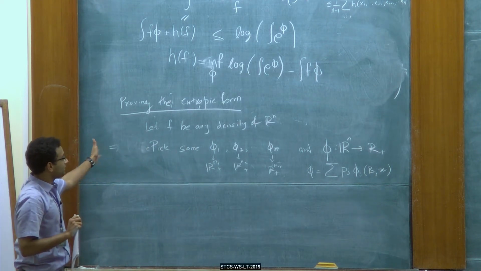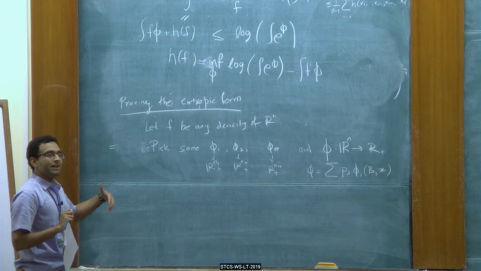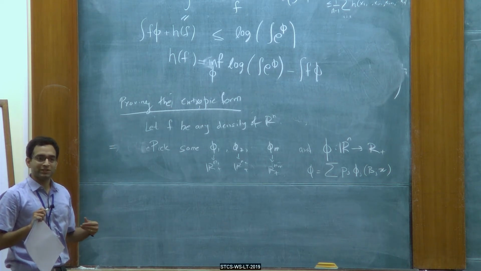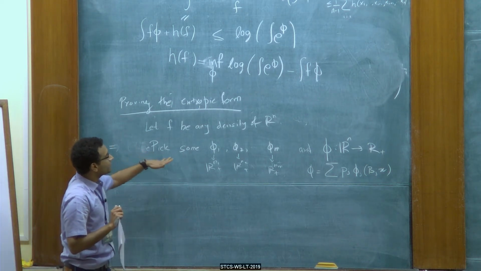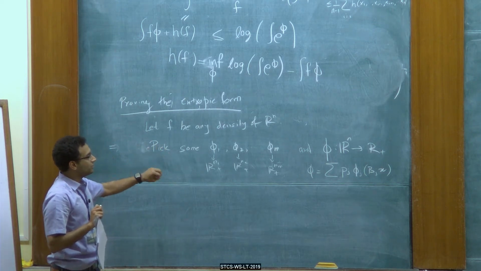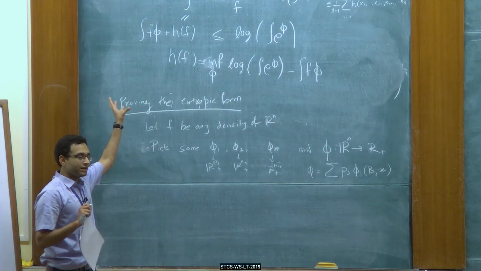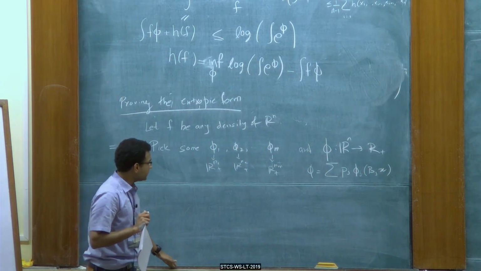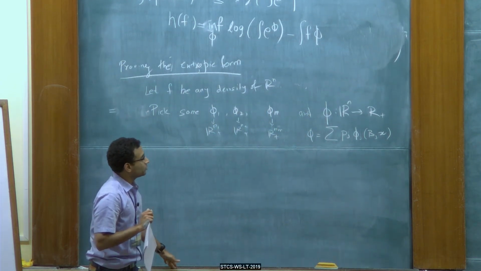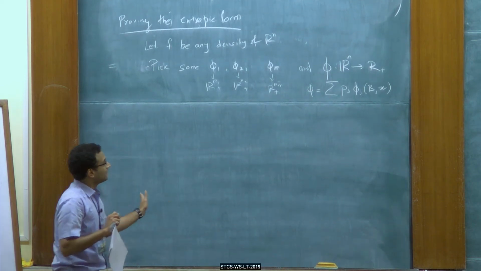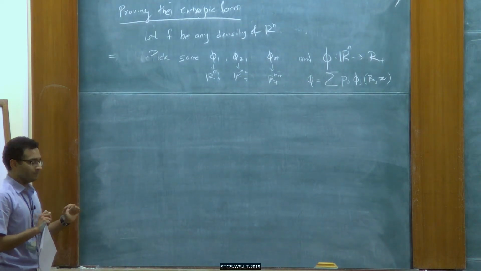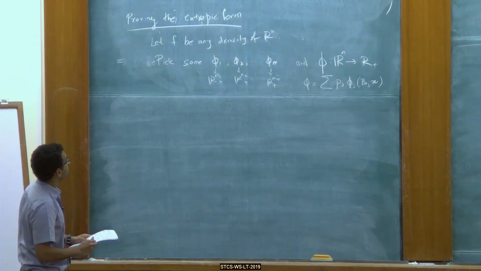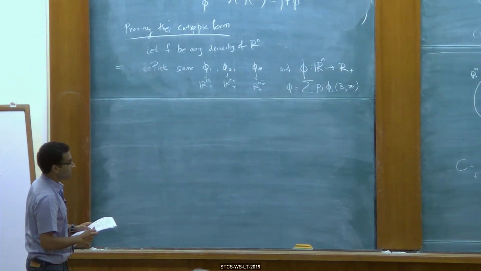We haven't yet explained what these functions are. I'm just saying, for now, just pick some functions that you like. Later we'll optimize over this choice of functions. So pick some phi1, phi2, up to phi_m and define this new function phi on the original space Rn as some weighted sum of these functions. So take your x, project it into the correct subspace using bj, apply phi j and add them up.